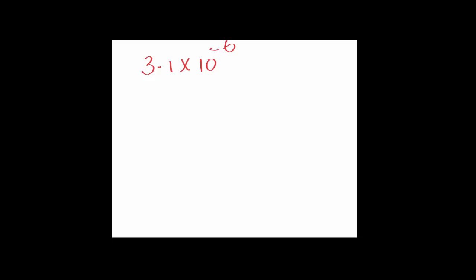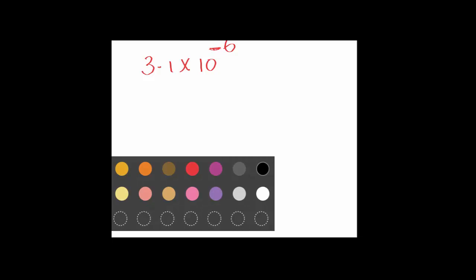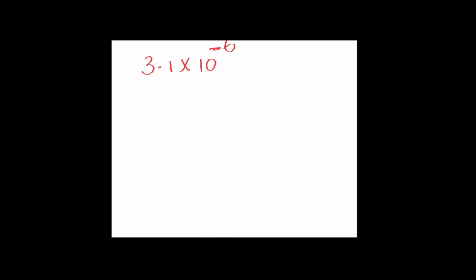Remember that a negative power indicates that the number is going to be less than 1. If I consider that number line again, you have a negative 6 here and you are converting into a decimal, meaning that you need to go up by 6 places. Going up means you need to move the decimal point towards your left.